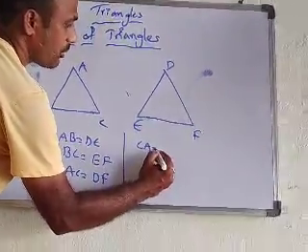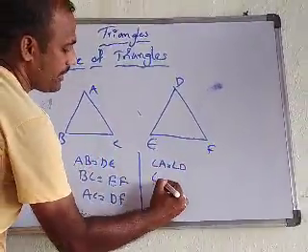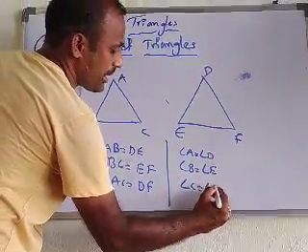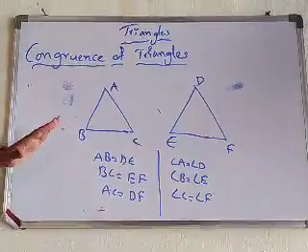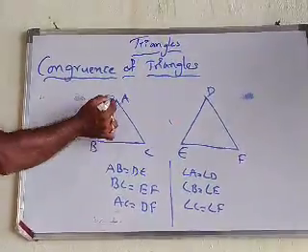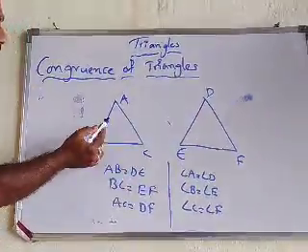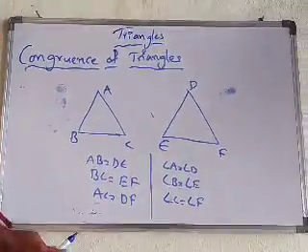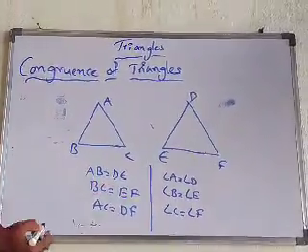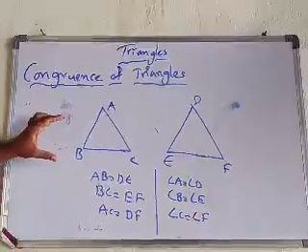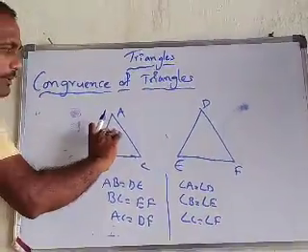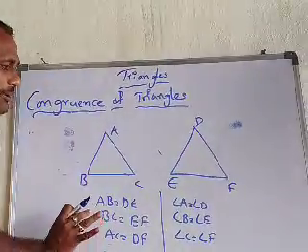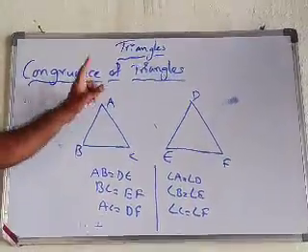Angle A is equal to angle D, angle B is equal to angle E, angle C is equal to angle F. So if I take two triangles ABC and DEF in which corresponding sides are equal and corresponding angles are also equal, it means that triangle ABC will exactly fit onto triangle DEF so that we can see only one image. So this we can say is the congruency of triangles.